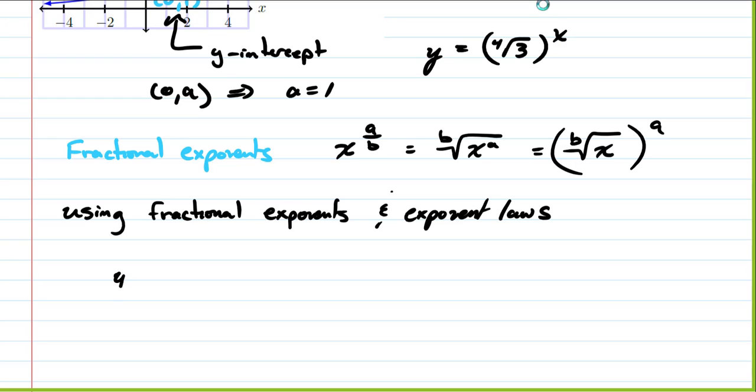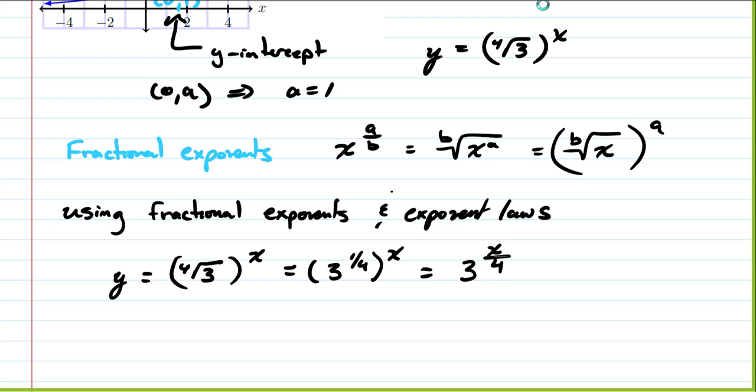If y is equal to the 4th root of 3 raised to the x, this is the same as 3 to the 1/4 raised to the x. And if we have a power raised to a power, what do we do with our exponents? We multiply. So this is the same as 3 raised to the x divided by 4.